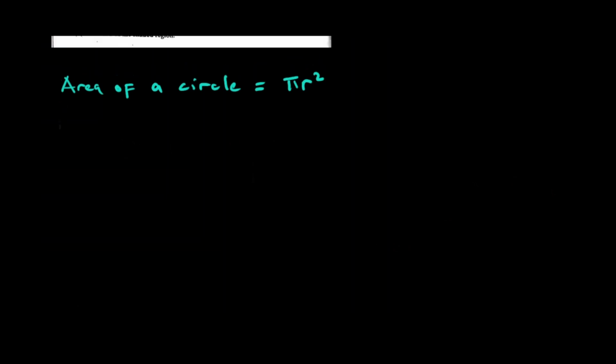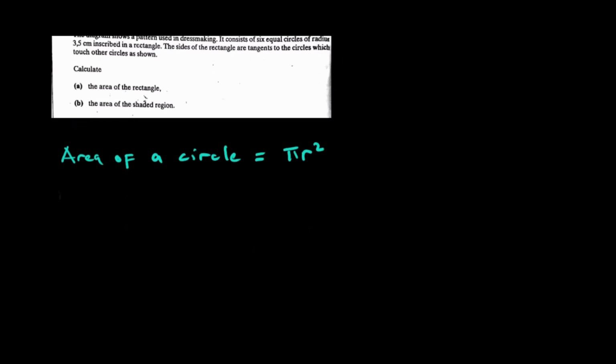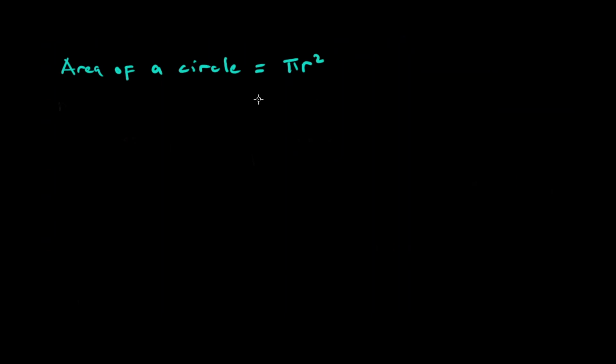Tinoziva isusu kuti area of a circle is equal to pi r squared, and the question yedu yataura beforehand pana this statement, once take pi to be 22/7, so area of a circle is going to be equal to 22/7 r squared.